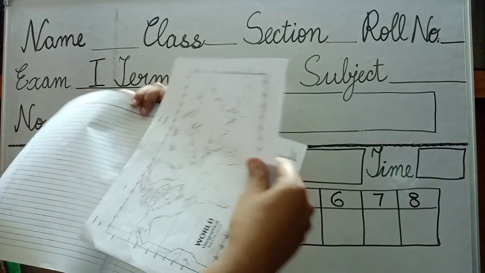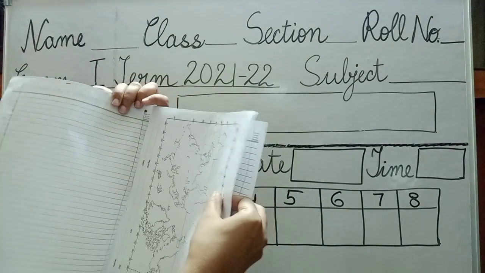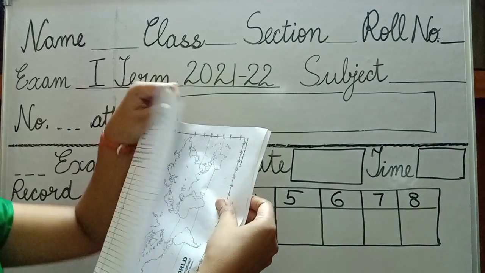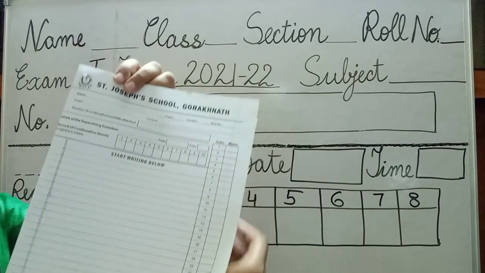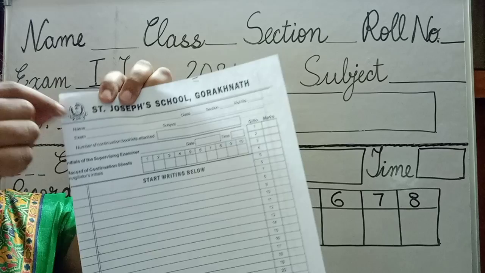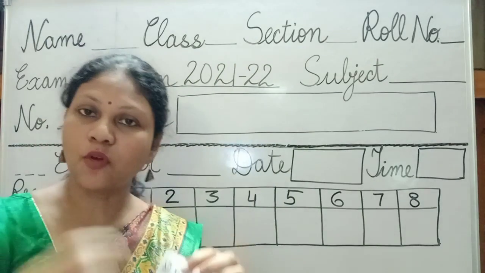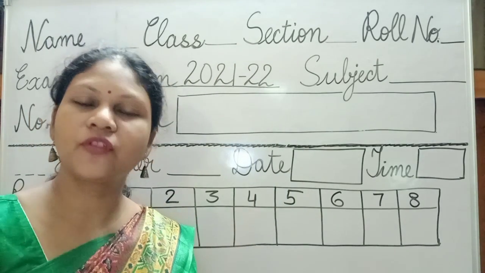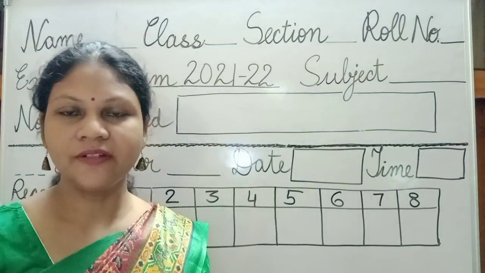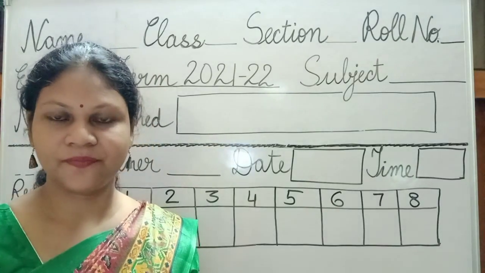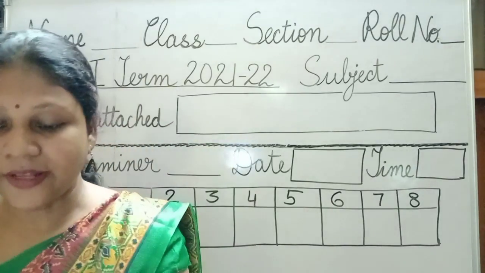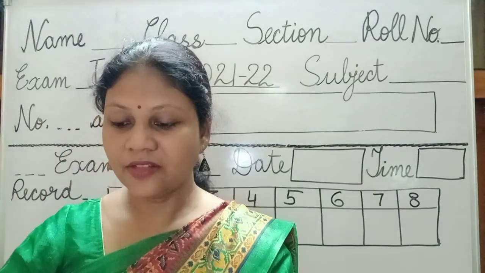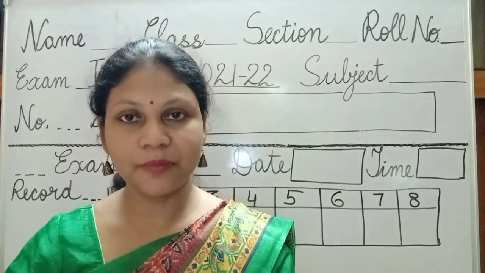Place the map like this way and place it here in between your A sheet. Make a hole and tie it properly with the thread which is provided to you in your examination kit. Okay? So like this way, your answer sheet is completed.